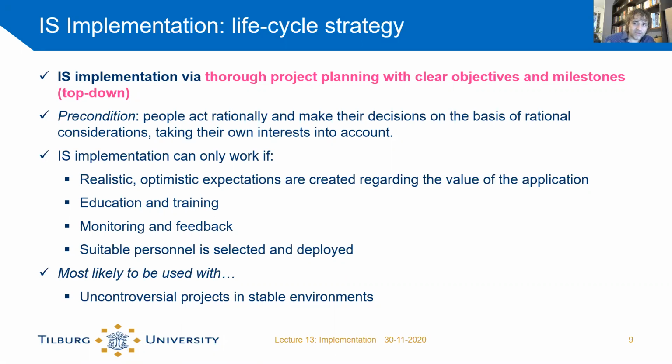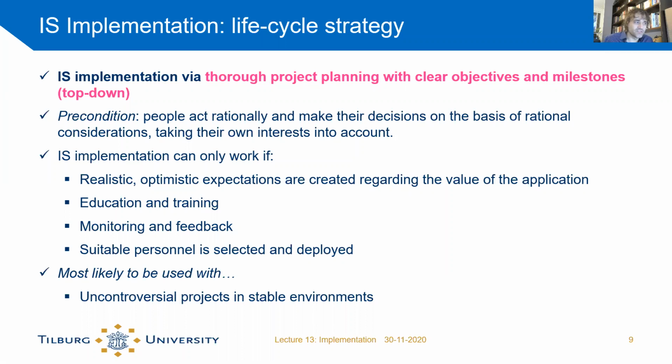With that, it means that you educate and train people. So you educate them and you train them in order to explain to them why the change is needed, and you train them in the use of the system. You monitor progress, you get feedback throughout, depending on the planning and the stages where you're in. And well, of course, you select suitable personnel and deploy them.